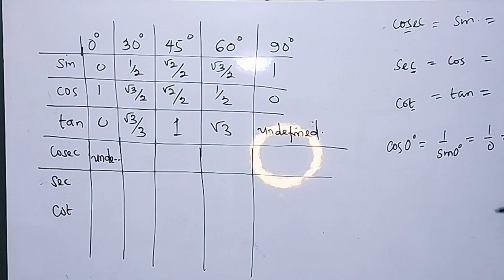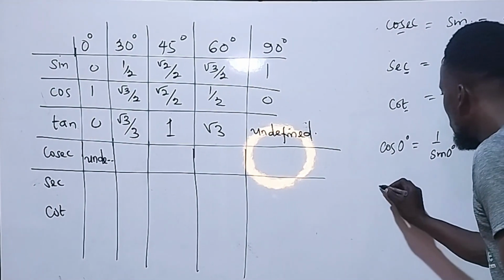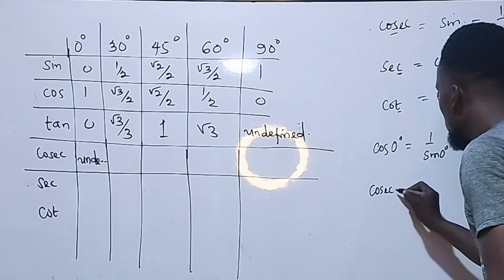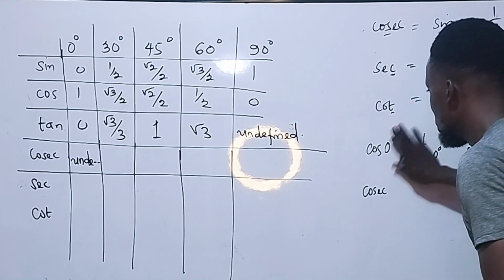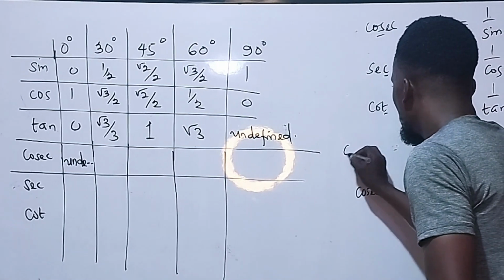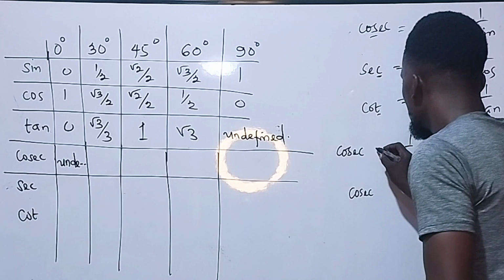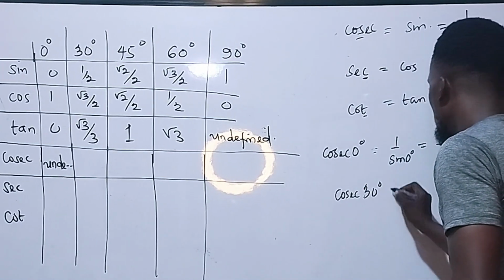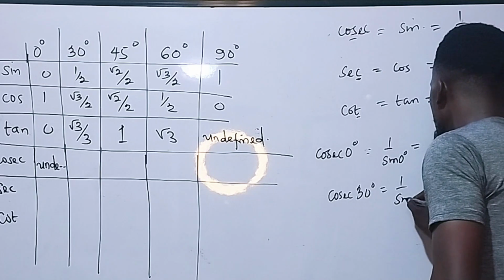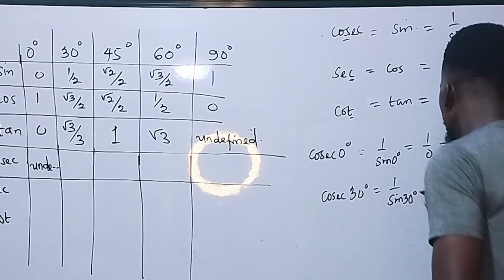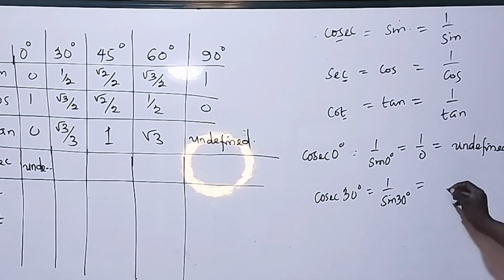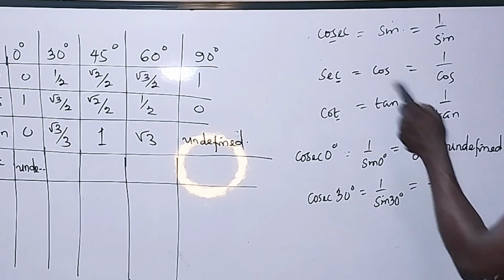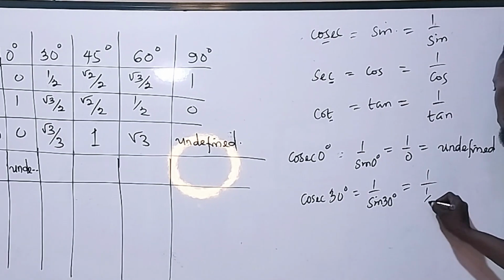Now, for 30 degrees, we have cosec 30 degrees. That will be 1 over sine 30 degrees, and sine 30 degrees is 1 over 2.